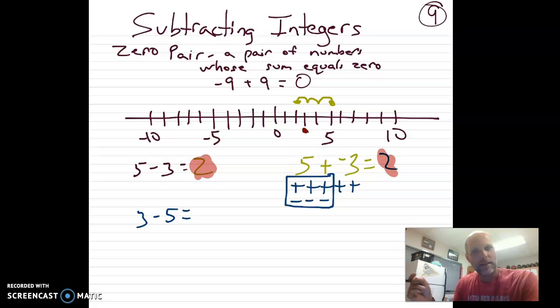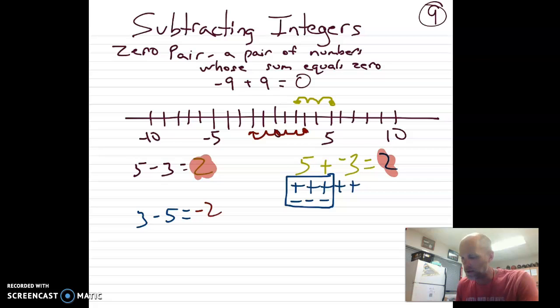And now the minus sign tells us to move back. So we're going to go back 5 times: 1, 2, 3, 4, 5. Where did we end up? If 0 is right there, we ended up at negative 2.